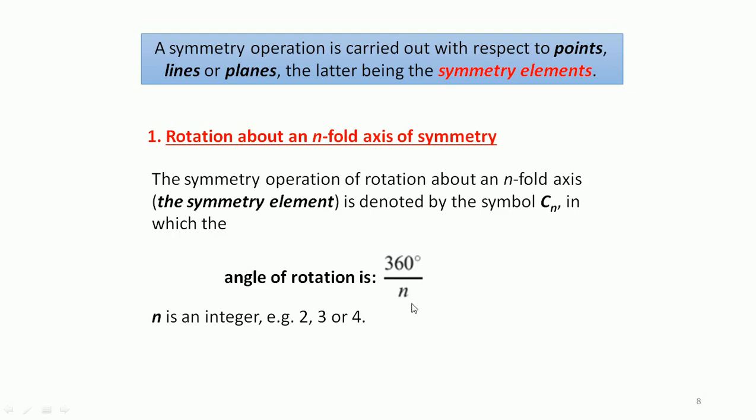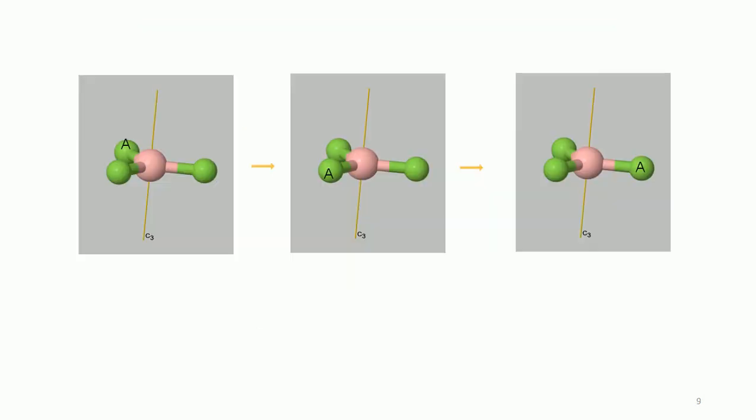So theta, or angle of rotation, is equal to 360 by n. In the case of BF3 molecule, we rotated the molecule through an angle of 120 degrees, so the value of n is 3. That's why we denoted that axis as C3. So n is always an integer. It can have values like 2, 3, 4, etc.